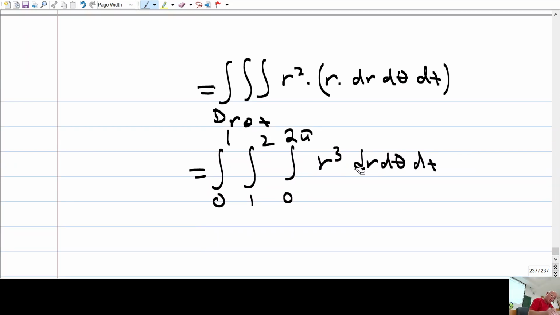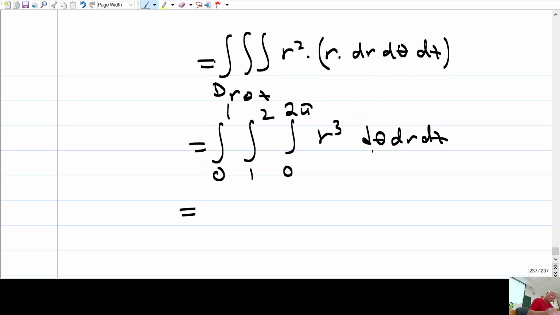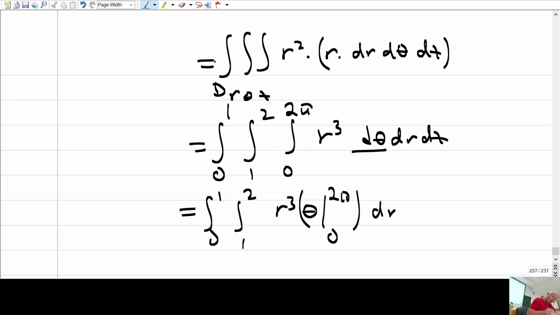Or I write it this way, first with respect to theta, and then r, and then z. Okay? Integral with respect to theta is just theta, so r cubed times theta from pi over 4 to pi over 2, dr, dz.